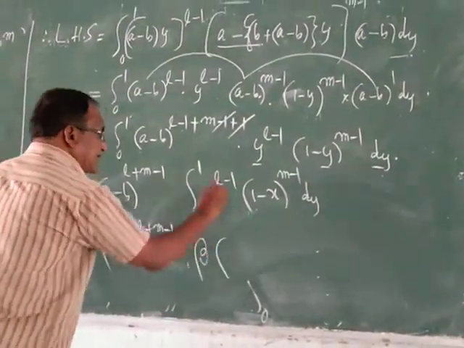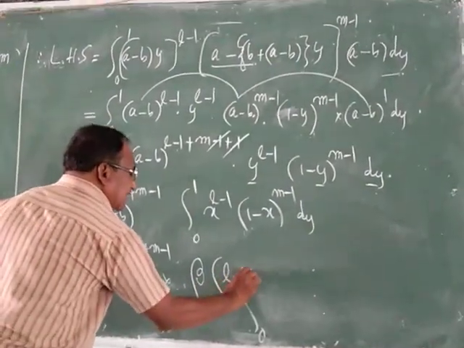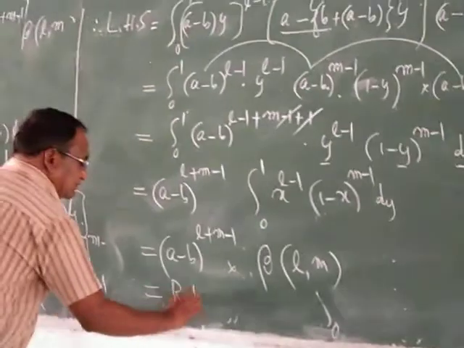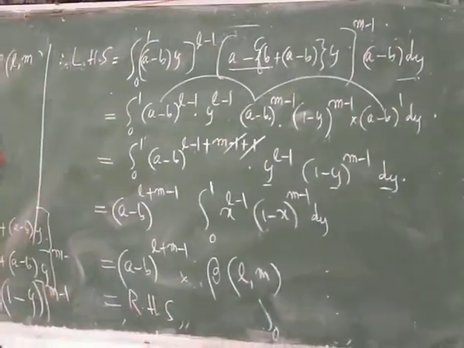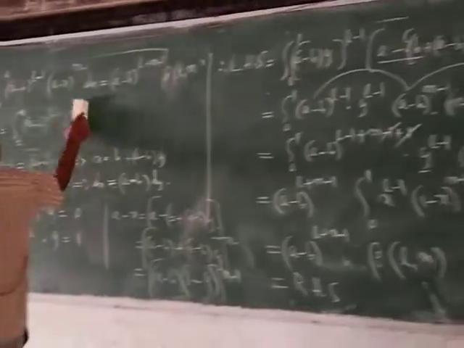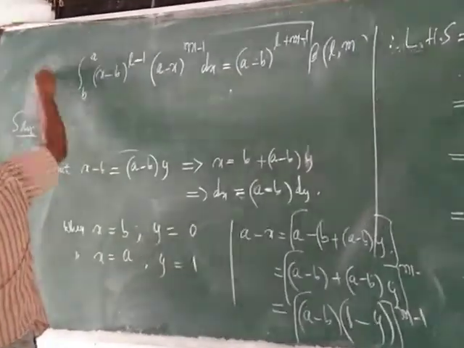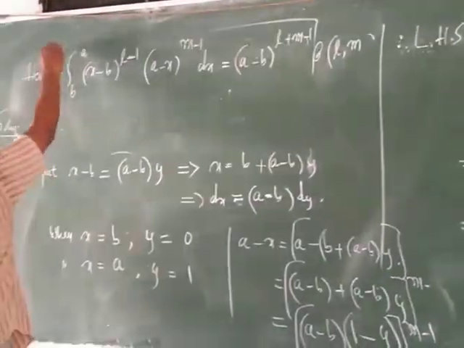Beta l, m. This is nothing but your RHS. Therefore, your LHS is equal to RHS, and hence this problem.